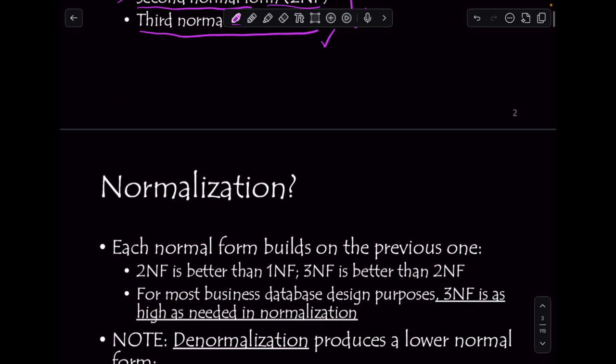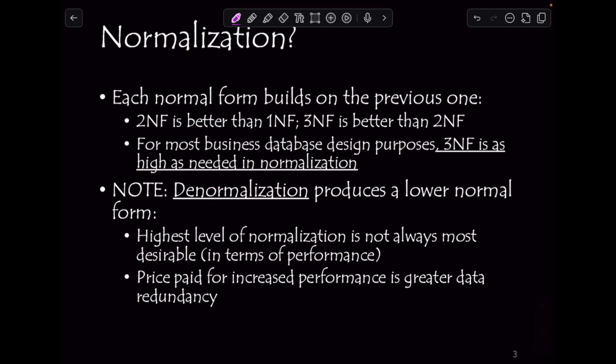So let's talk a little bit more about normalization. As you move on from first to second and third normal form, although we don't know at this moment how each normal form looks like, you know that it is better than the previous normal form. For most business database design, we want to move on step by step, and we may get to the third normal form. You may ask whether the third normal form is then the perfect one.